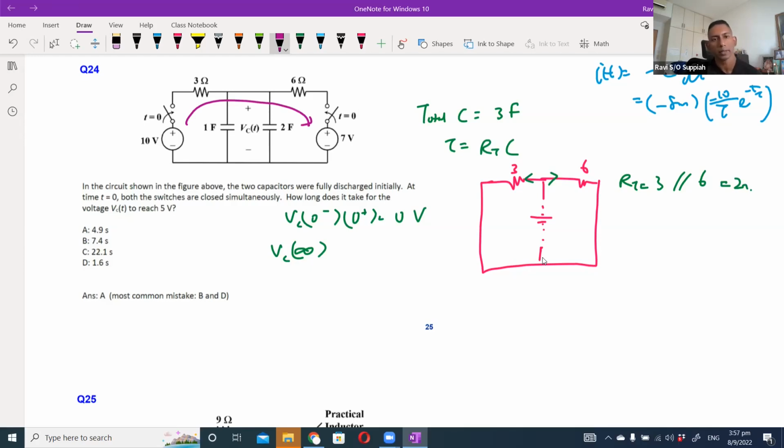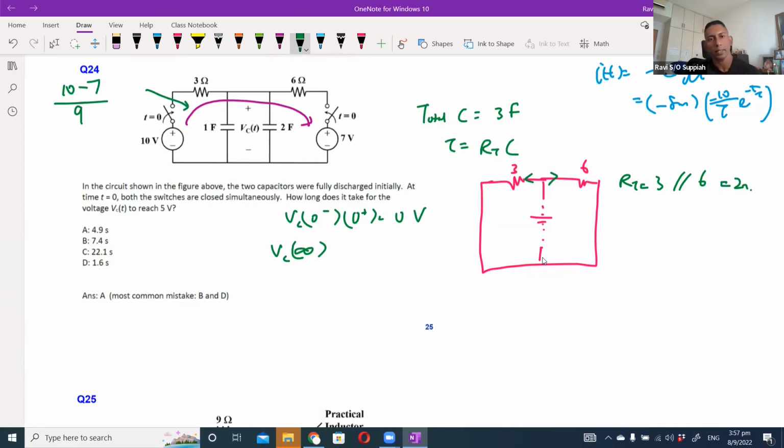This is similar to how you calculate two parallel batteries. So the current I here would be 10 minus 7 over 9.